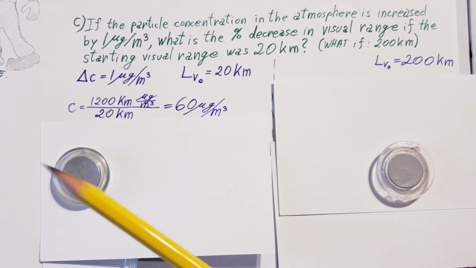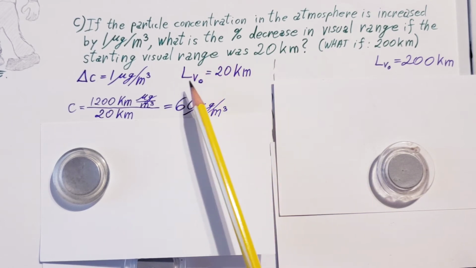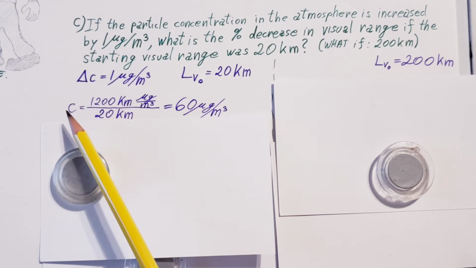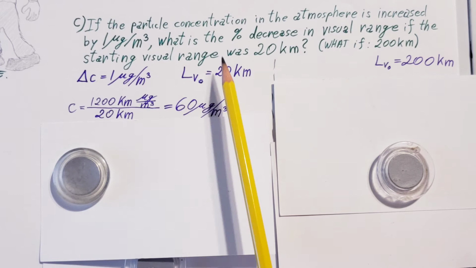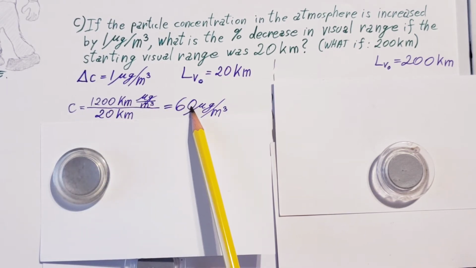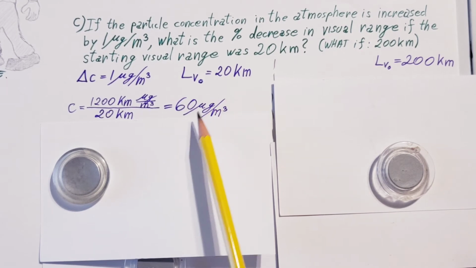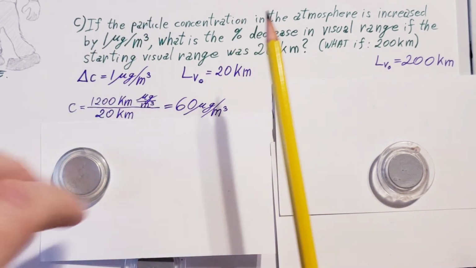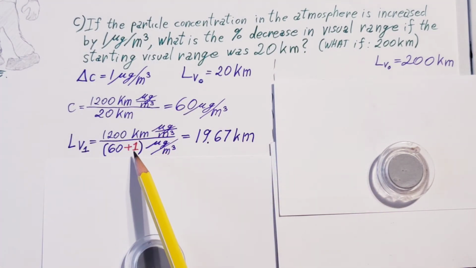Now let's start by finding the current concentration. Let's say this is the current visibility. I'm going to find the current concentration using the Koschmeider formula, 1200 divided by 20, and that gives me a current concentration of 60 micrograms per meter cubed. Now, they're telling me it'll change by 1, so I'm going to take this concentration and change it by 1.